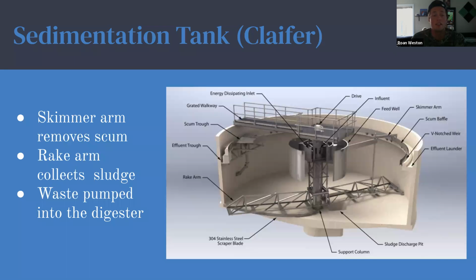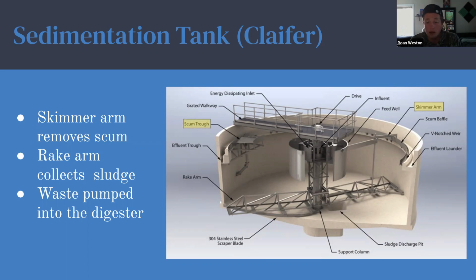So here is the inside of your clarifier. As you can see on the top of the tank, you have a skimmer arm. What the skimmer arm does is it comes around in a circle and collects all of the suspended particles or substances that you might have, like grease and oil, and those are going to come into the scum trough.